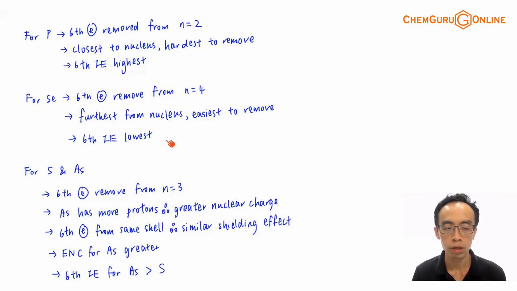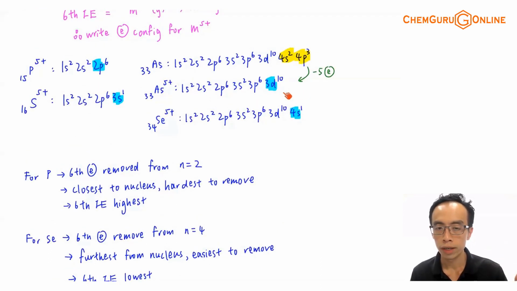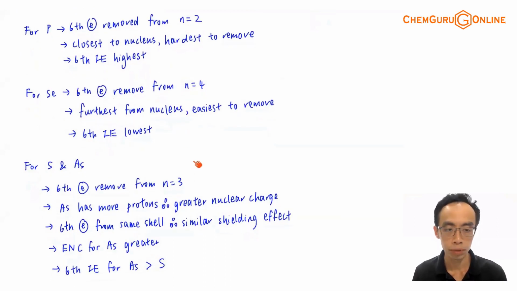Now, comparing sulfur versus arsenic, for arsenic I'm removing the electron from 3d, involving sulfur I'm removing the electron from 3s, and they're in the same principal quantum shell. So we will use back the default concept involving ionization energy across the period. The comparison is shown here.